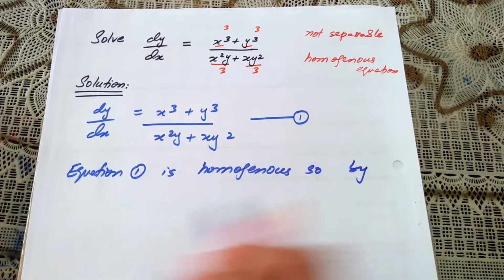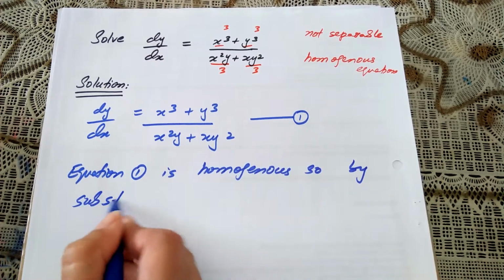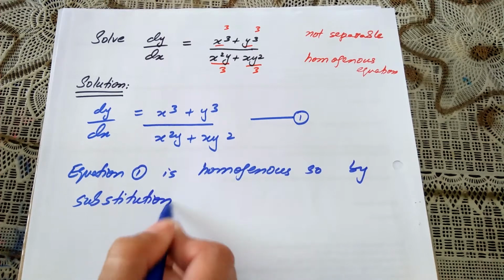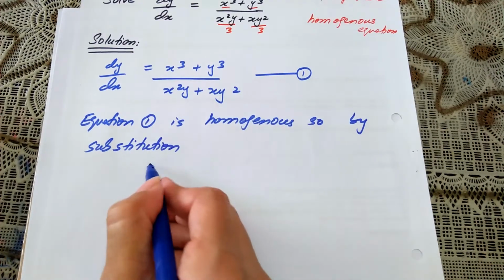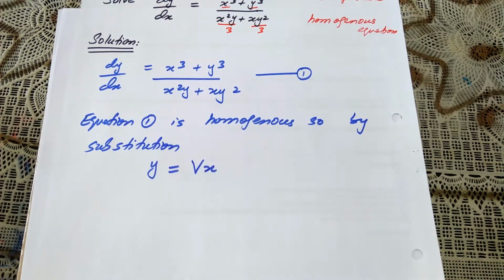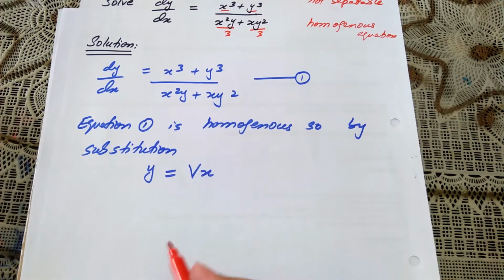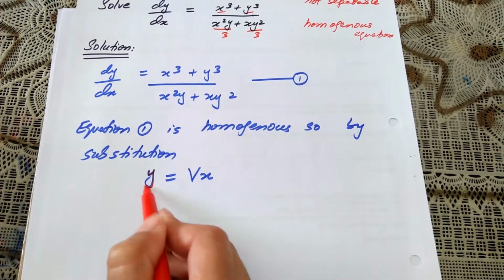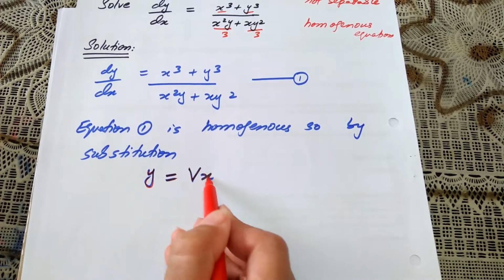So, by substitution, what substitution will we have here? The substitution will be y equals vx. You have to substitute y equals vx every time for a homogeneous equation.